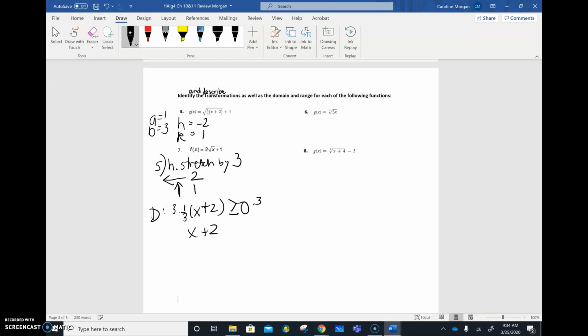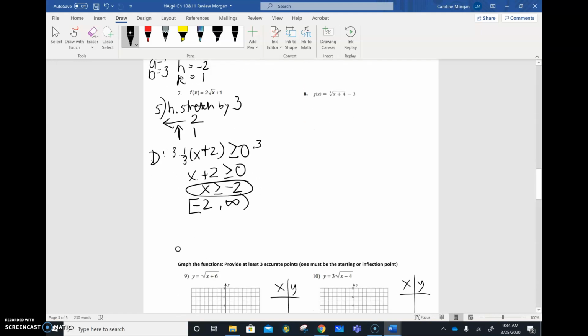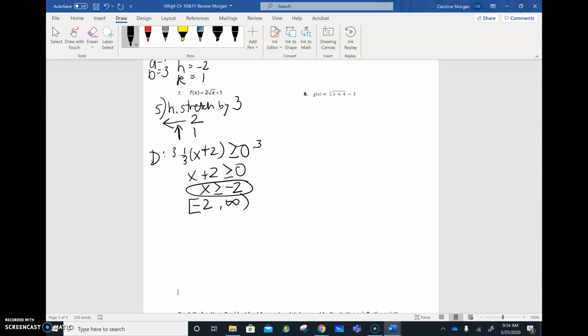X plus 2 is greater than or equal to 0. Subtract 2. X is greater than or equal to -2. This is my domain, written in interval notation. Looks like this, doesn't it? So there's my domain. Put it on your calculator, see if it makes sense.